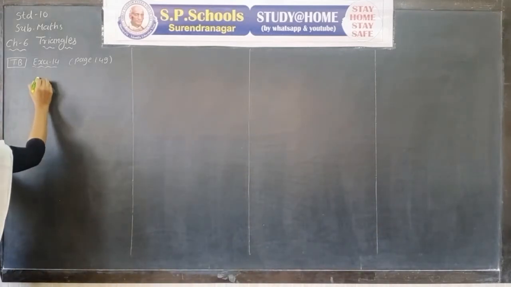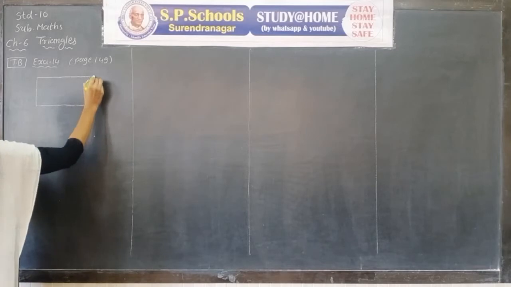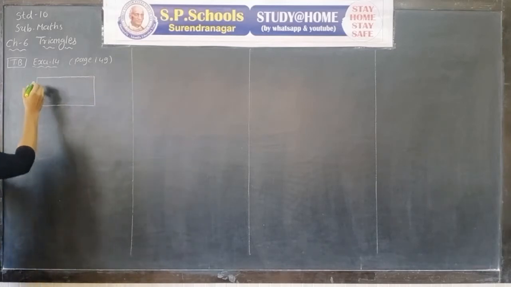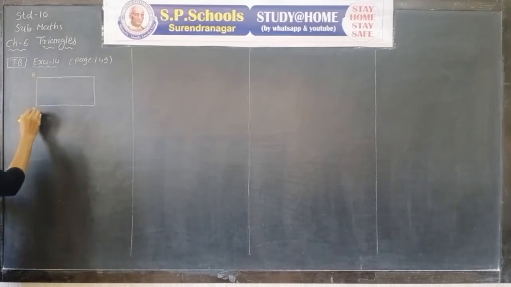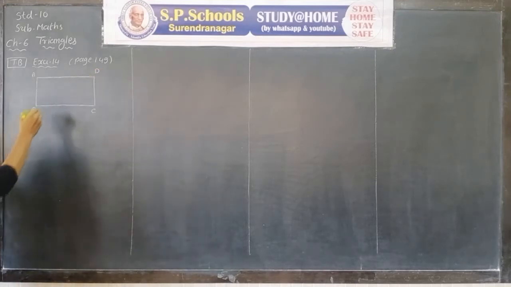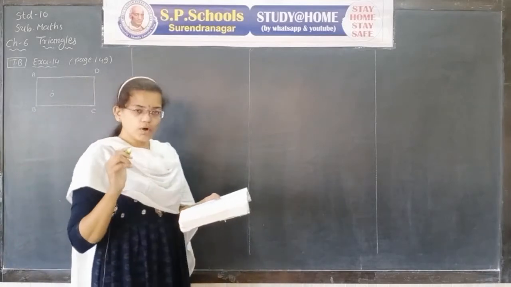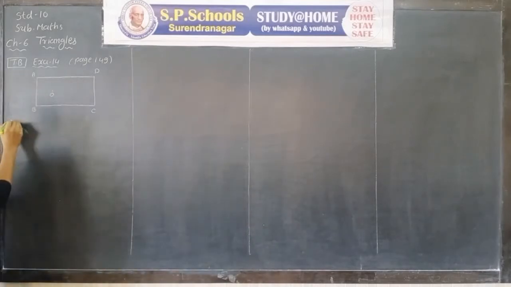First of all, we have to draw one rectangle. Rectangle is ABCD. O is a point inside it. Let's take point O inside it. We need to prove that OB square plus OD square is equal to OA square plus OC square.